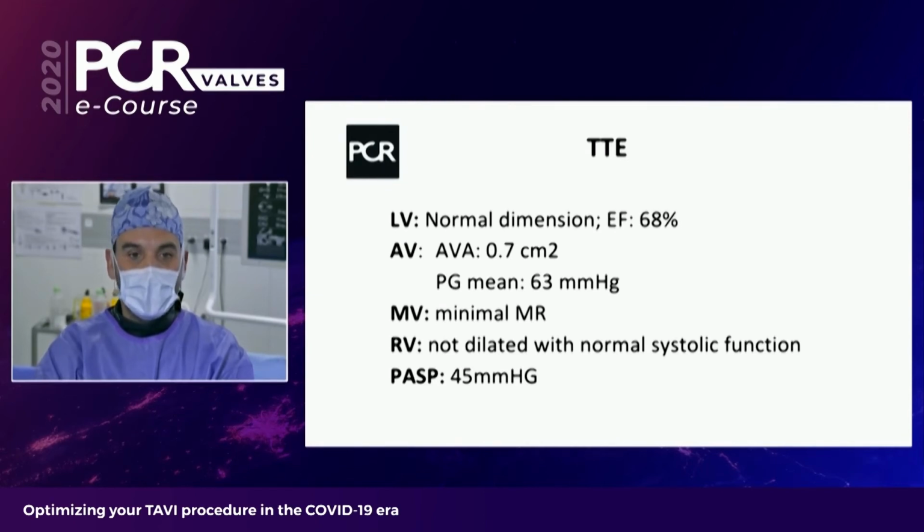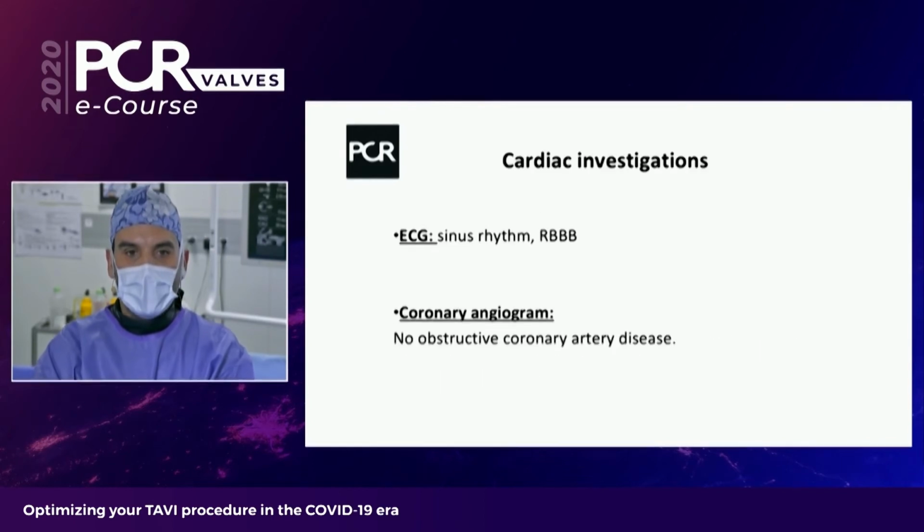TTE shows severe aortic valve stenosis, aortic valve area 0.7 square centimeters, mean gradient 63 millimeters of mercury, preserved LV ejection fraction, no significant mitral valve disease, and moderate pulmonary hypertension. On the ECG, what is important to notice is that she has a right bundle branch block, and we'll discuss how we manage that in the setting of TAVI. No significant obstructive coronary disease on the coronary angiogram.